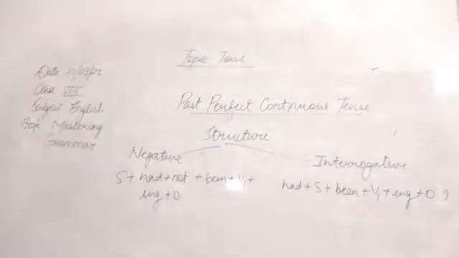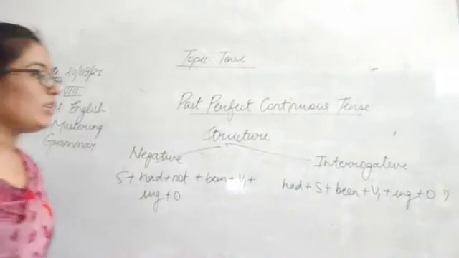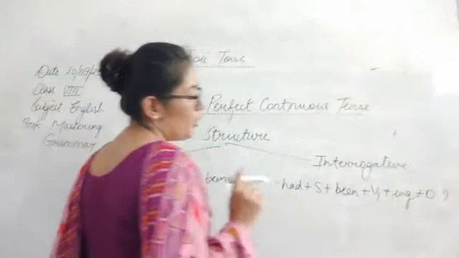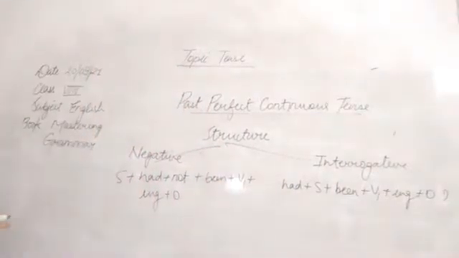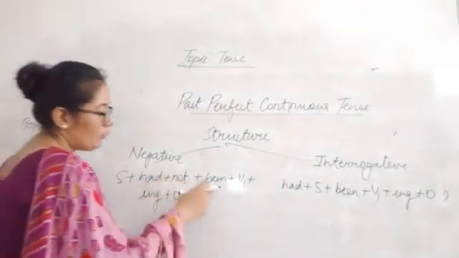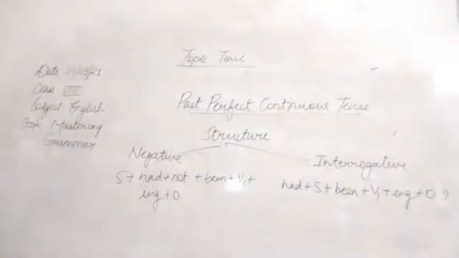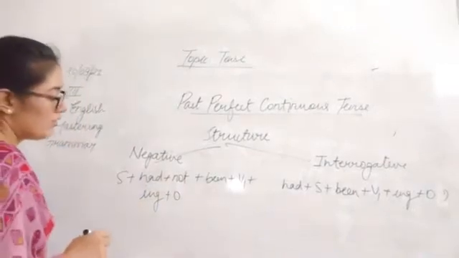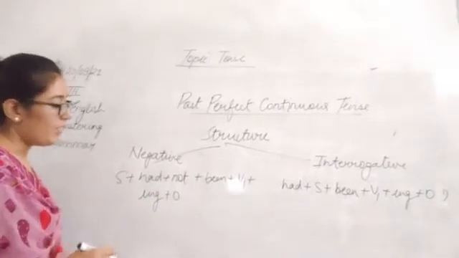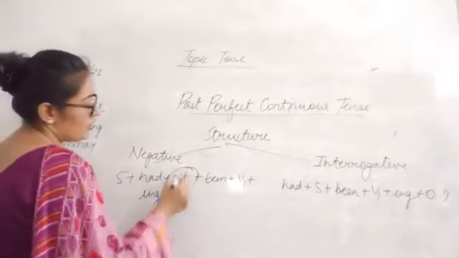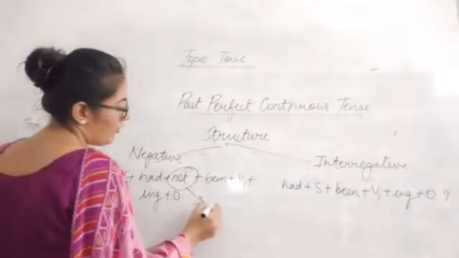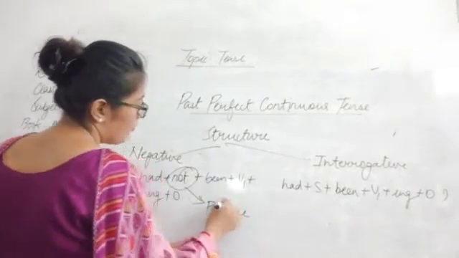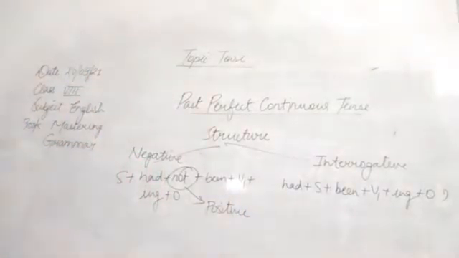Okay. Had she been going to school? She had not been doing her work. Am I clear? And if you are making a positive sentence, just remove not. For a positive sentence, remove not.